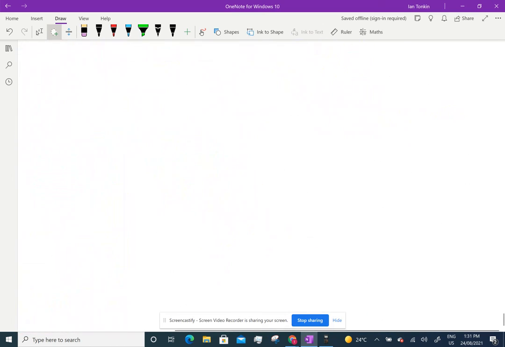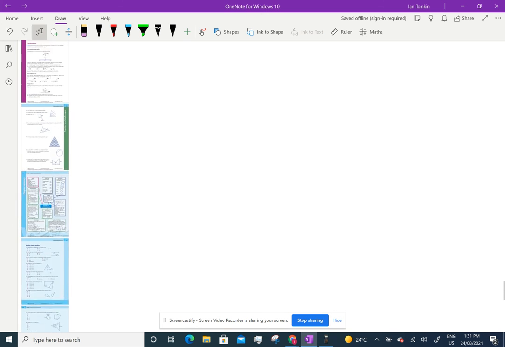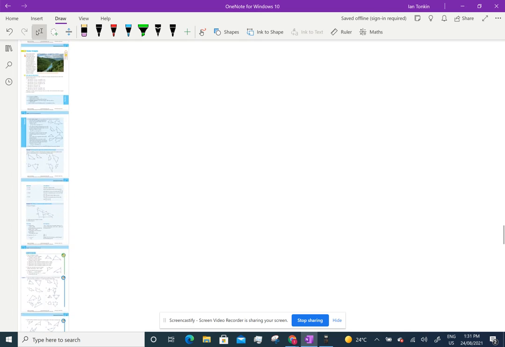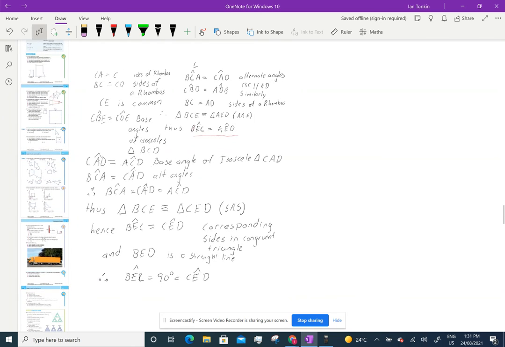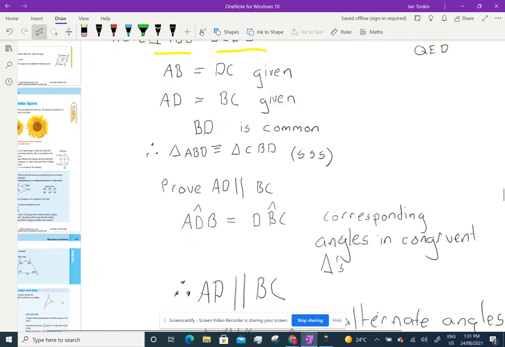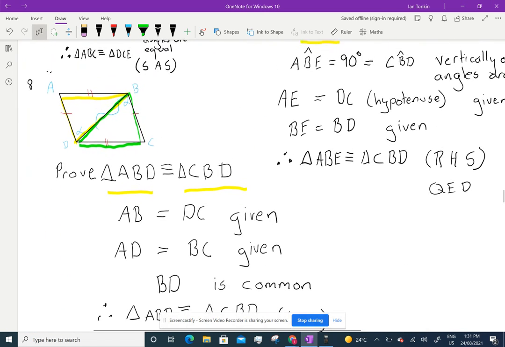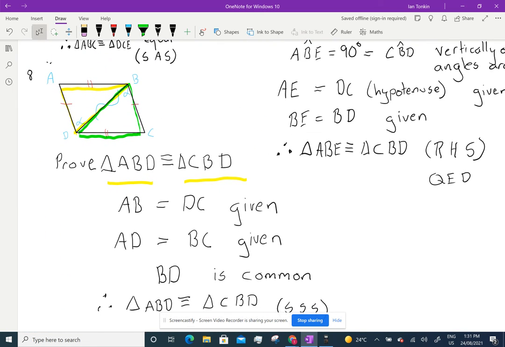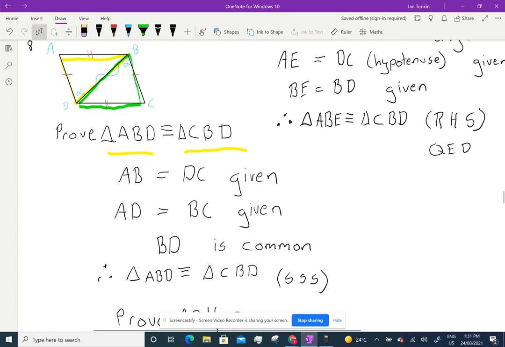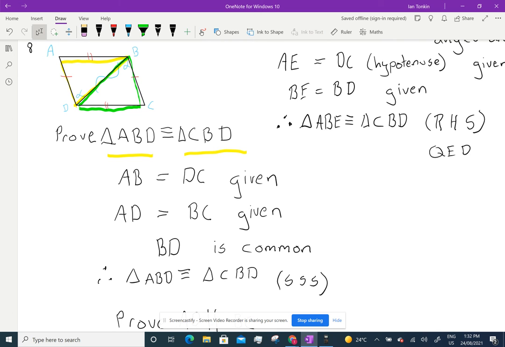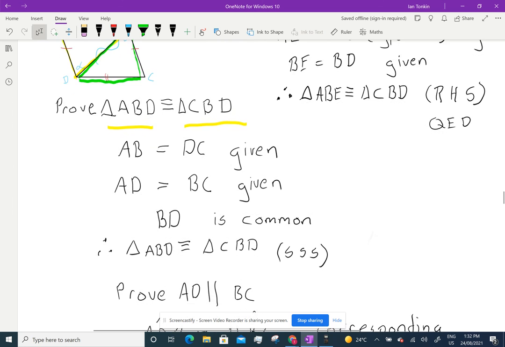Let's look at this. Here we go. So what did we do? We proved that both the triangles ABD and CBD were congruent. How? By showing that three of the sides are the same in both triangles.